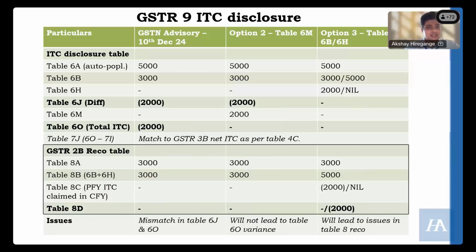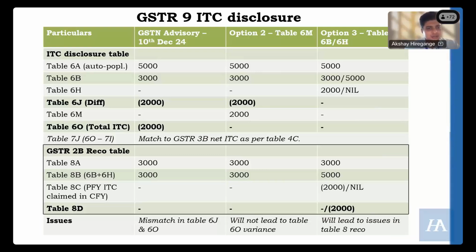The double credit which is there is 2,000 to this extent. Actual eligible credit is only 3,000. When I say eligible, that is eligible and ineligible credit which is reflecting in 2B. So to this extent, the first option what GST advisory is asking you to do, disclose in table 6B only once. So show only 3,000.